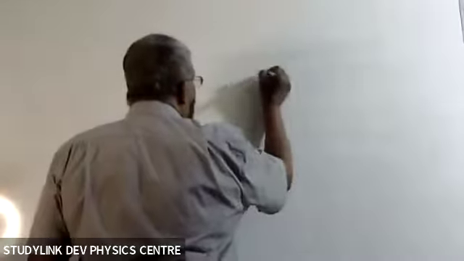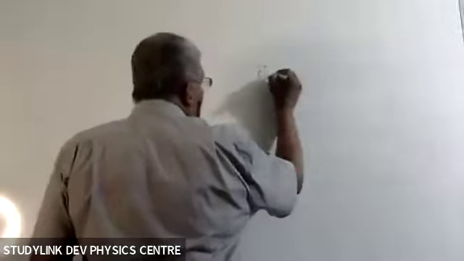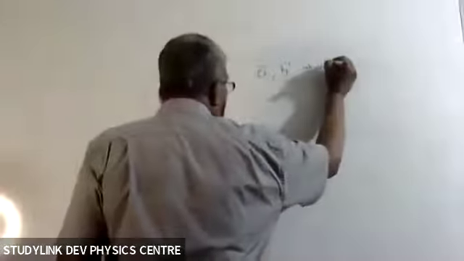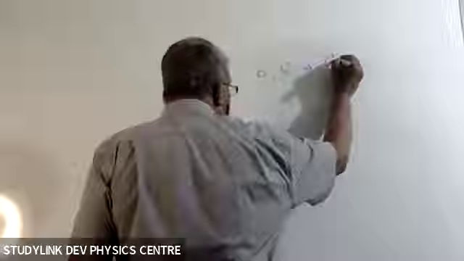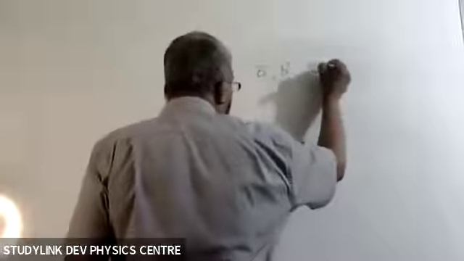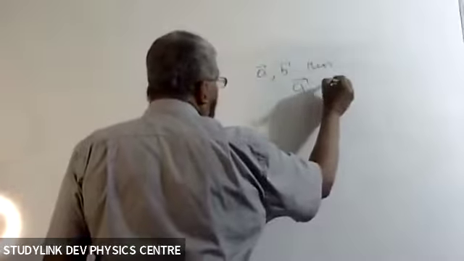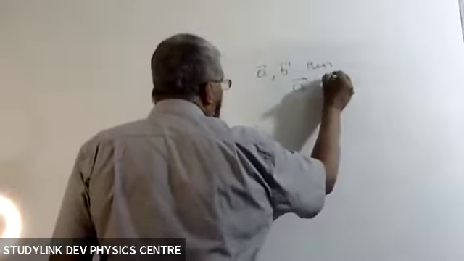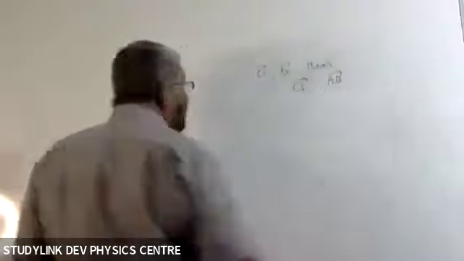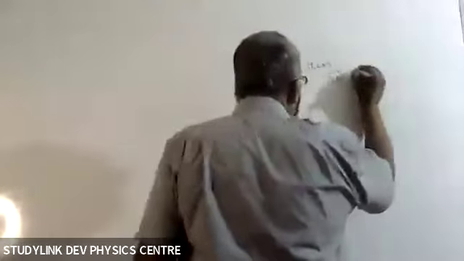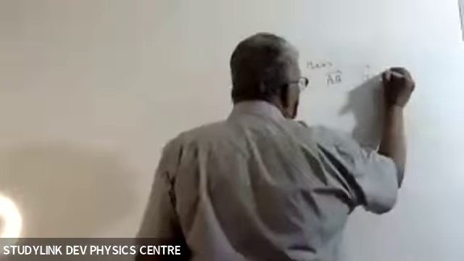We'll say A and B are two vectors. Simply, A is represented by the vector AB, and the vector B is represented by vector BC.